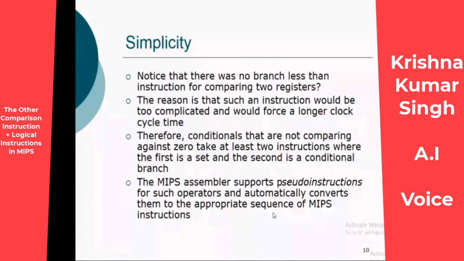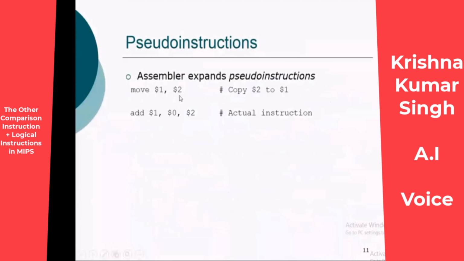But the MIPS assembler supports some types of pseudo instructions that can help you write code more easily, and the assembler will convert your code automatically to the appropriate sequence of MIPS instructions. For example, you want to transfer the content of one register to another one. There isn't any instruction for this in MIPS.